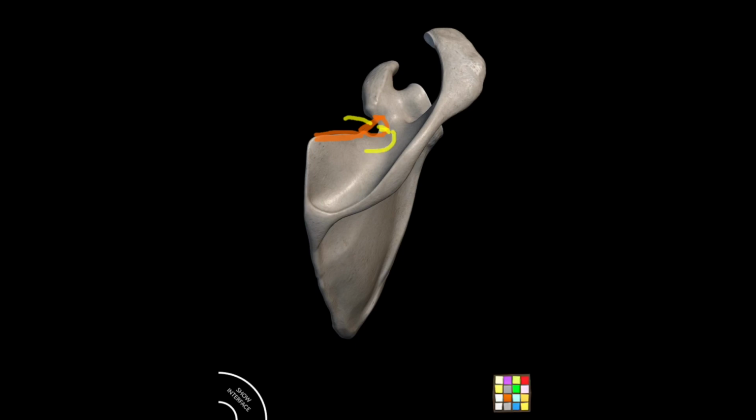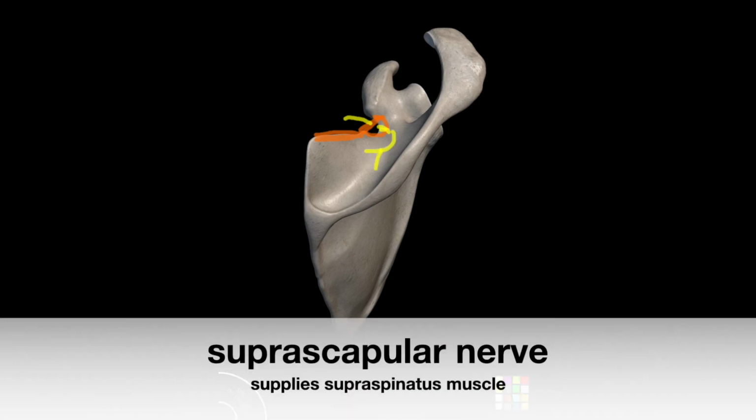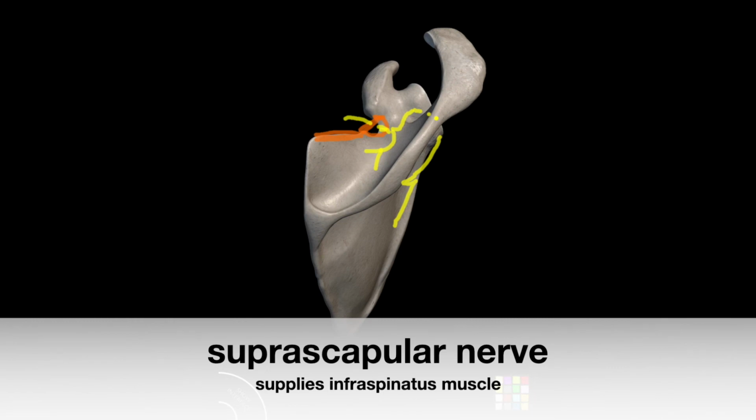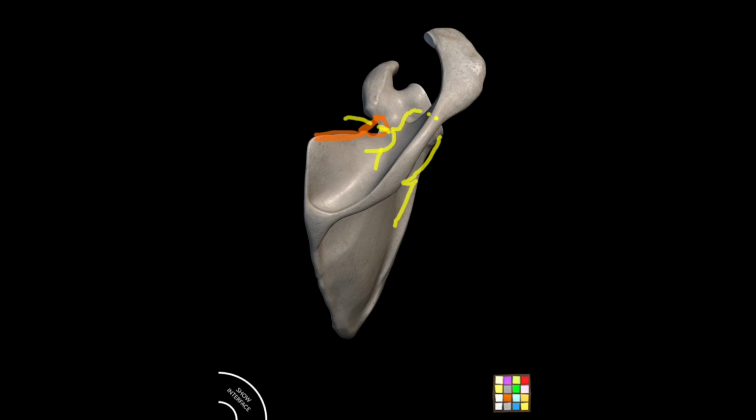The nerve innervates the muscle of the supraspinous fossa, supraspinatus, and then carries on around this most lateral part of the root of the spine, curls around here and gains access to the infraspinous fossa, where it also supplies the infraspinatus muscle. So supplying the two of the three dorsal rotator cuff muscles is the one nerve, the suprascapular nerve.